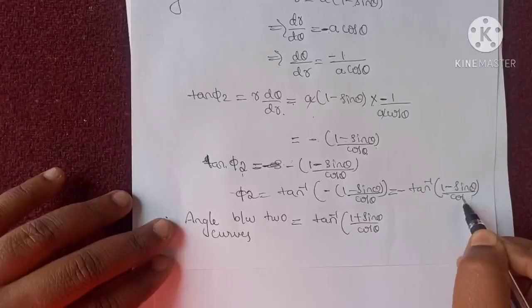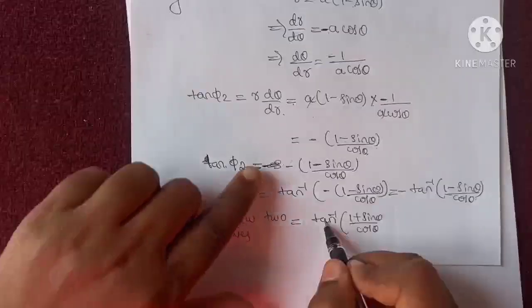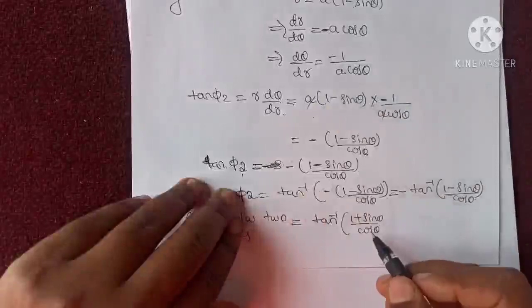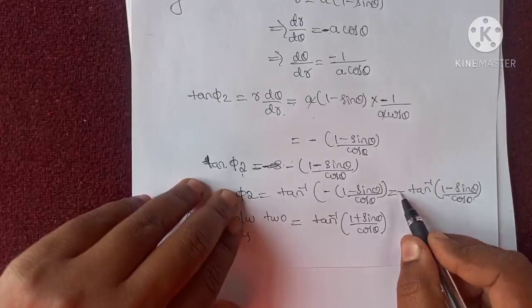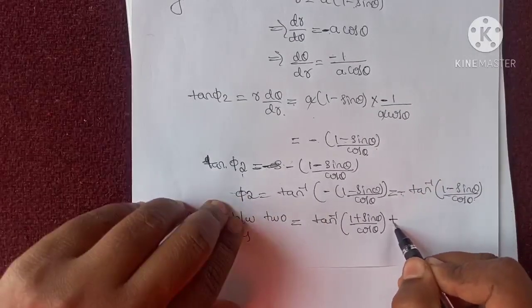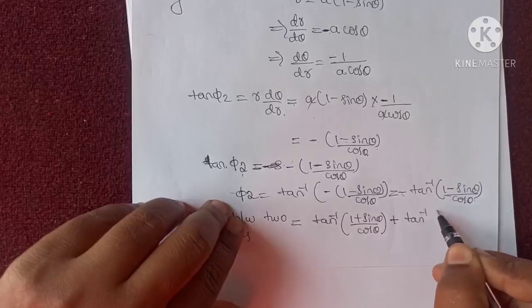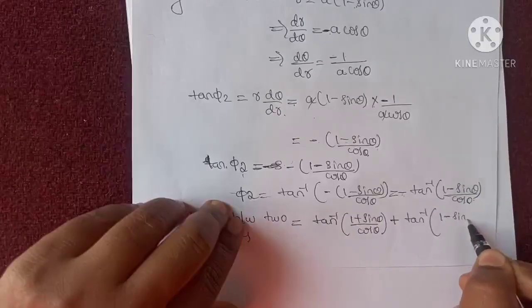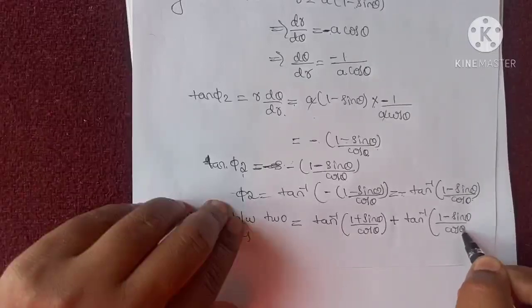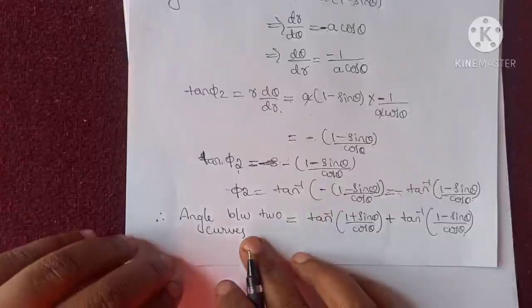So tan inverse of phi 1 value is 1 plus sin theta into cos theta. Here minus into minus we get plus, tan inverse of 1 minus sin theta divided by cos theta. So this is the angle between two curves.